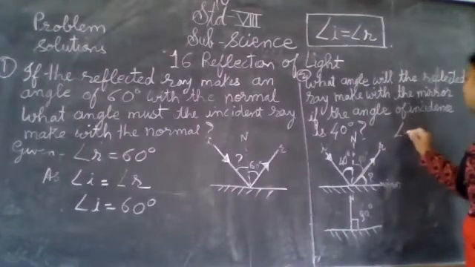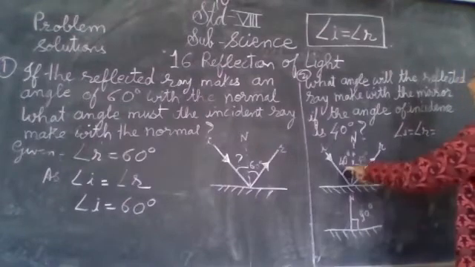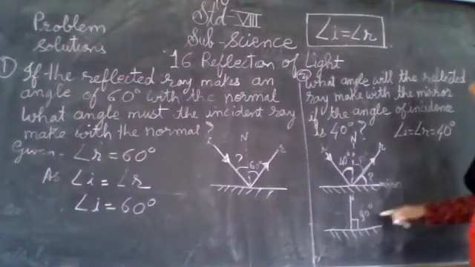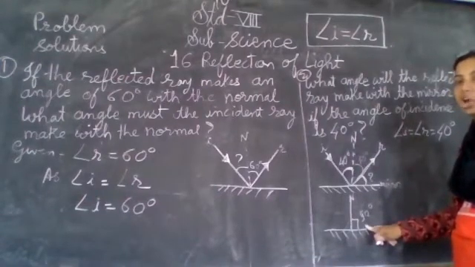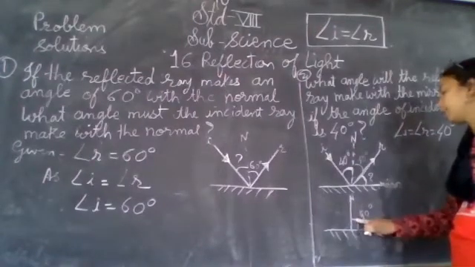So, again, here the angle of incidence equals the angle of reflection, which is given as 40 degrees. As the normal is perpendicular to the mirror, the angle will always be 90 degrees, a right angle.